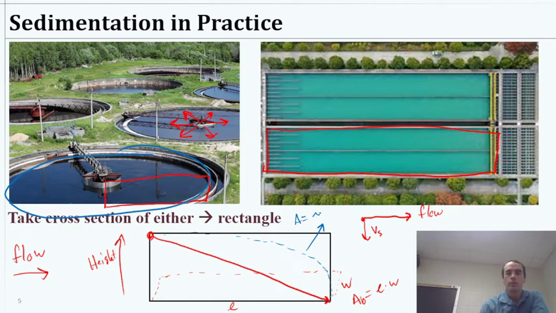Pi r squared. So area of the basin for that one would be pi r squared. Okay, but otherwise the same principle applies in terms of how long you have to travel. It's just that area of the basin could change.